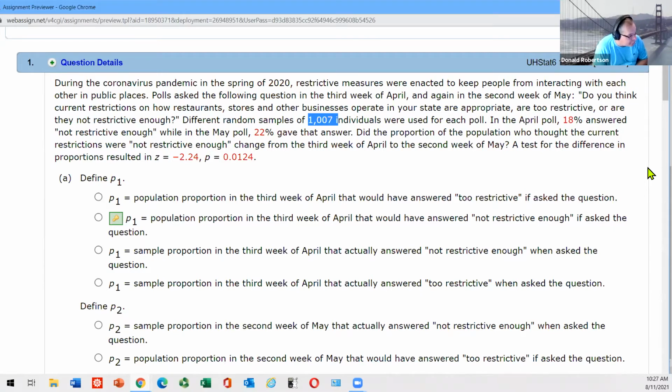In the April poll, 18% said it was not restrictive enough. So p hat 1 is 0.18, that's 18%. While in May, 22% gave that answer. God, I wonder what state that was.